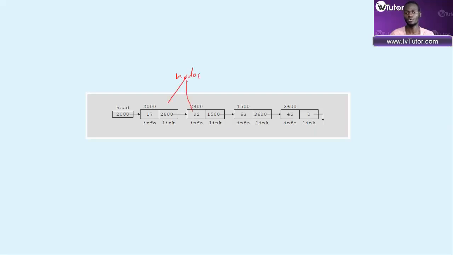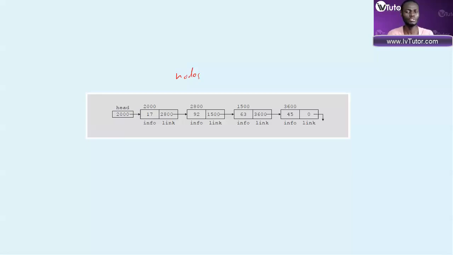These here would be nodes, and these nodes are connected together. If we draw this as a diagram, they would look like what you see here, which means this node connects to this node, which connects to this node, which connects to this node. That is how a linked list looks. It's a collection of nodes that are linked to each other.